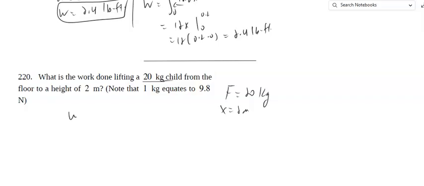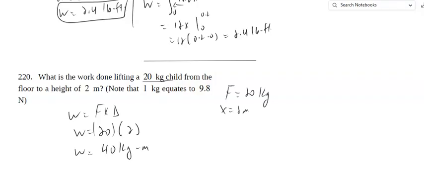Okay, well, work is, again, you can integrate if you wish. I don't see a point in that if the force is constant. If the force is varying, then yes, you do need that. Times 2. And work turns out to be 40 kilogram-meters.